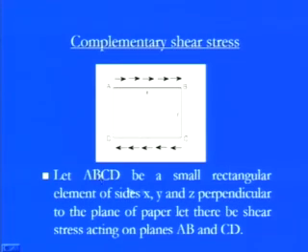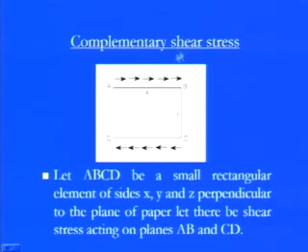If I have ABCD, a rectangular element with sides x, y, z, all three mutually perpendicular, with the plane of the paper, then we can say that shear stresses exist at the AB as well as the CD plane. Now if we figure out this problem, we find that this shear stress always tends to turn the object in the clockwise direction.